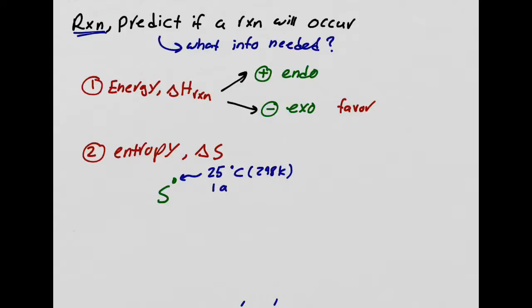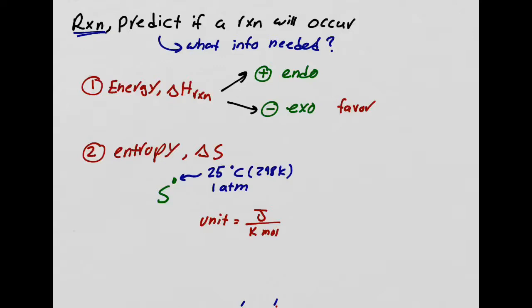But the pressure is 1 atm. So this little knot means standard. All right. Now, delta S has a unit. The unit for S, for entropy, is joules over Kelvin times mole.